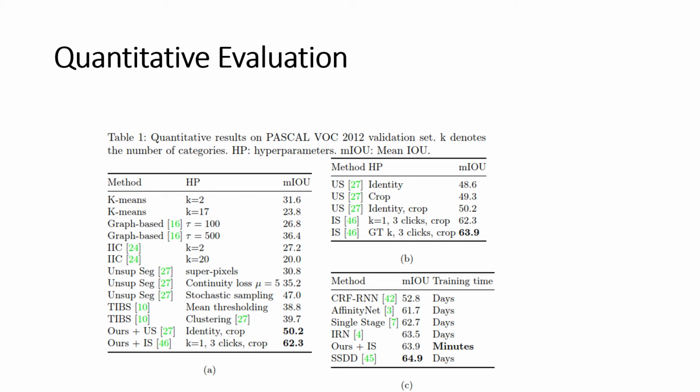Lastly, in table C, we compared our method to weakly supervised semantic segmentation, and we see that our method is quite competitive with other weakly supervised techniques, while being trained only for minutes. Namely, weakly supervised segmentation trains networks like standard supervised segmentation, and our training is done at test time. So for each image, we take about half a minute or 1 minute, depending on the image resolution, to segment it.